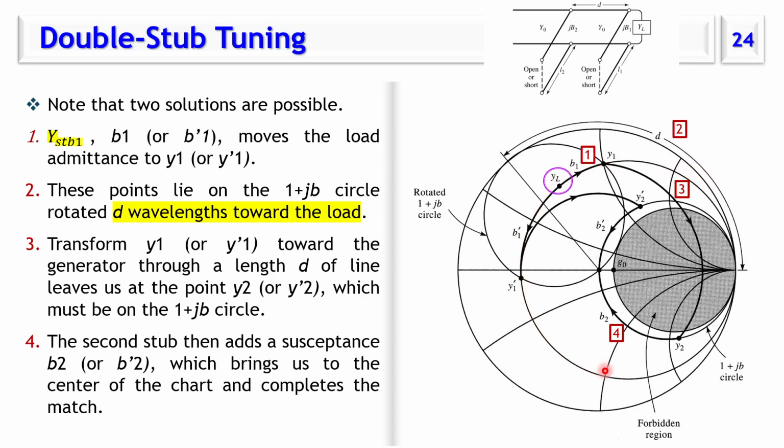This circle is a circle of constant real value for YL. YL with B1 should have the same real part, just moving to a different imaginary part. So at this point we are located on this circle as well.